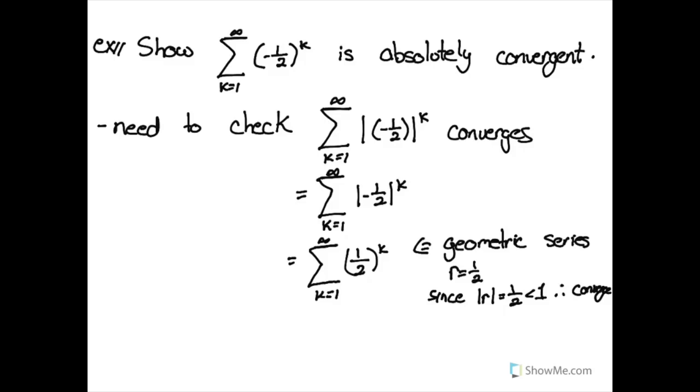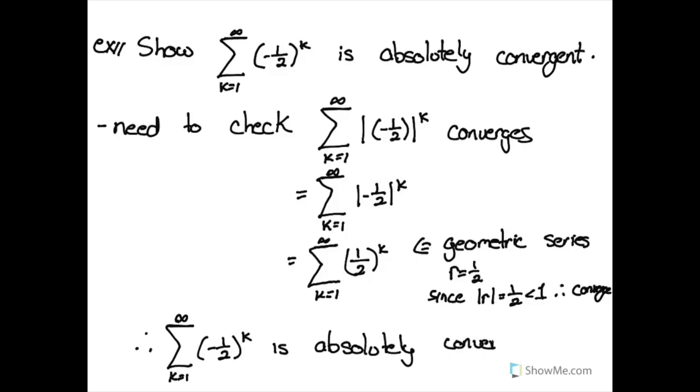Right. So this is enough to show that the original series, the series (-1/2)^k, k equals 1 to infinity, is absolutely convergent. The only thing we needed to check is that the series where we take the absolute value of each term is a convergent series.